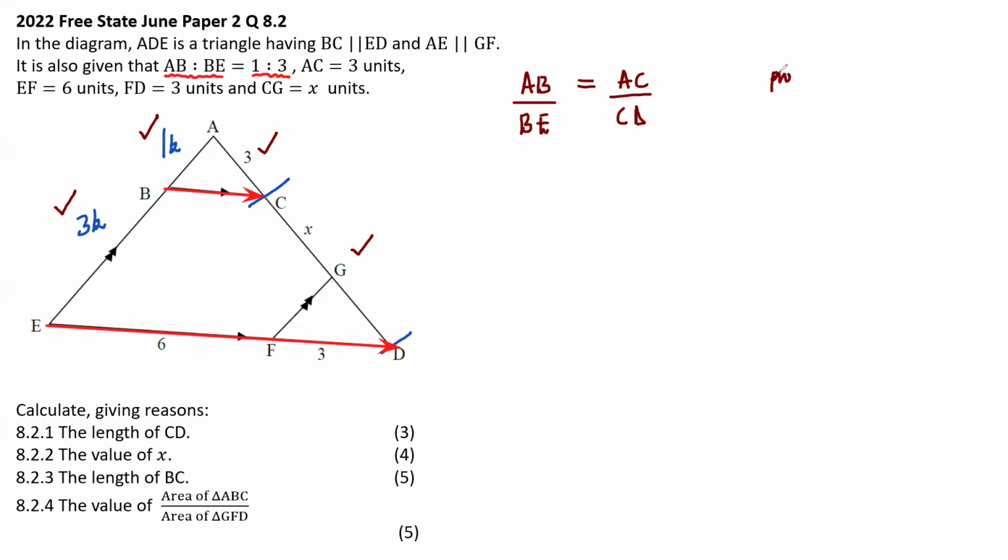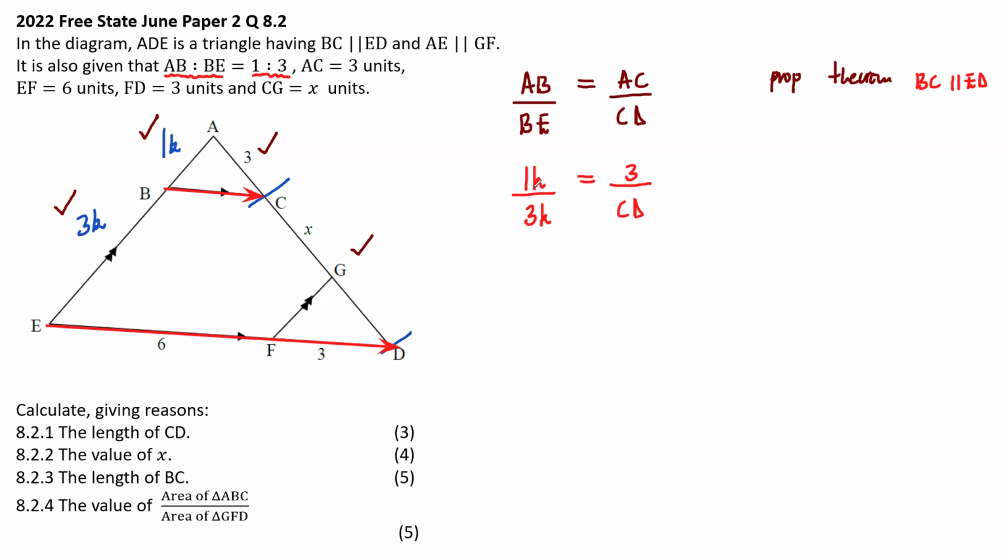Then the reason is the prop theorem, and my backup is on the fact that the parallel lines are BC parallel to ED. We do maths, we're looking for CD. AB is 1K, they will eventually cancel out. You can say 1X, 1K, I prefer K. BE is 3K, AC is 3, then CD, don't know. The rest is algebra.